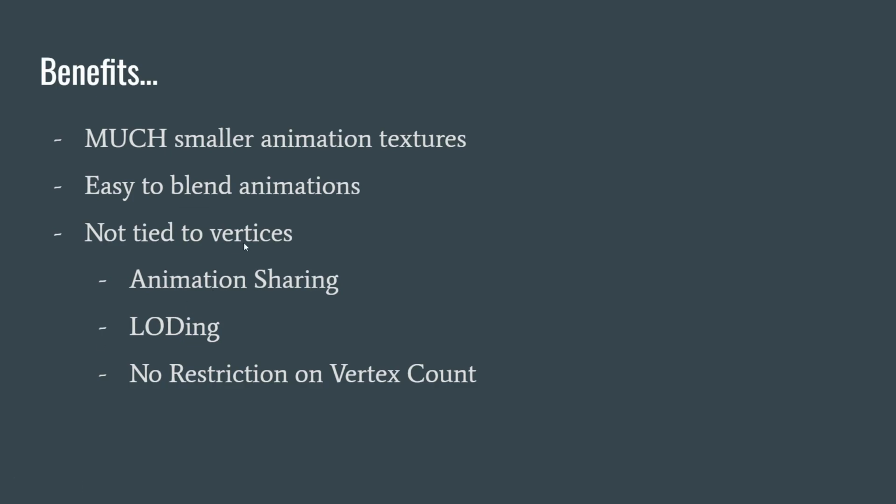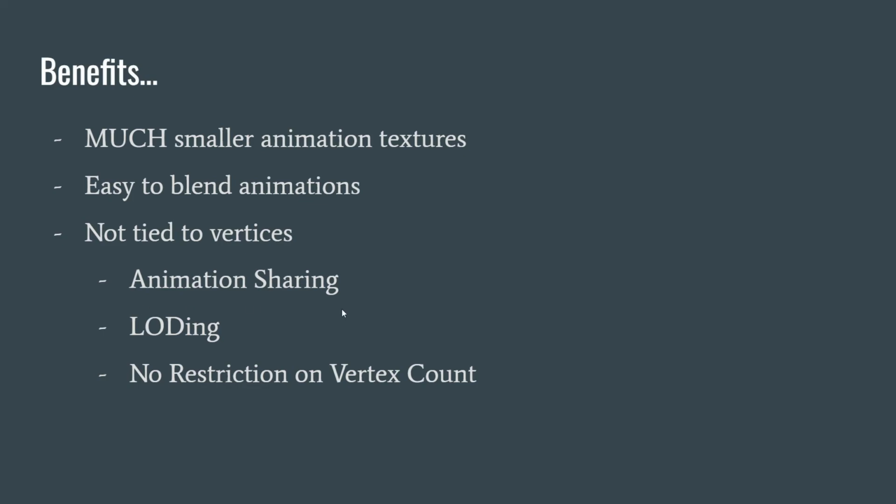So if we were to remove a vertex from our mesh, because it's still mapping the bone index in the UVs, it still knows where to correctly sample on the texture. That's fine. We can now add vertices, remove vertices, or completely change the mesh. As long as they are correctly mapped to the UVs, the animation texture will still play correctly.